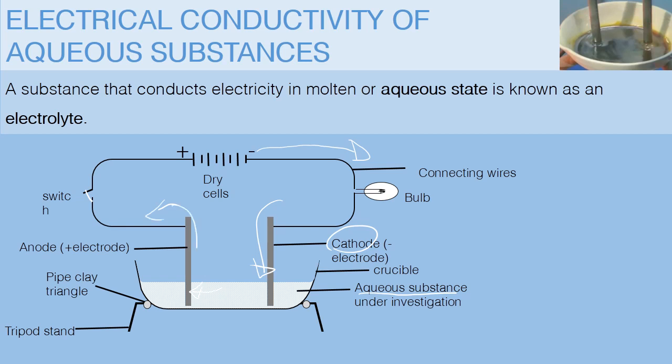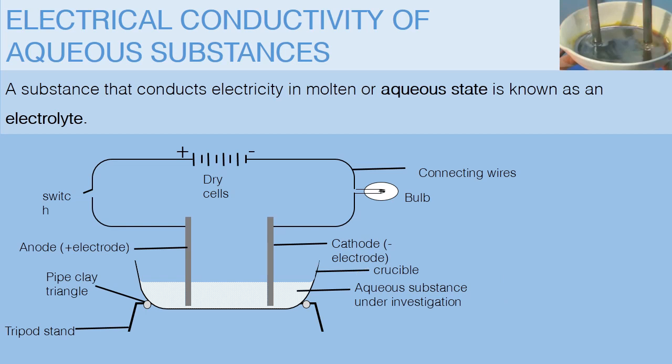So the electrons will be flowing in that direction. However, we are not going to study more about aqueous solutions. Our interest will be more on the molten substances, as we are going to see.